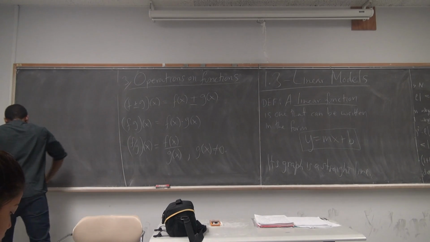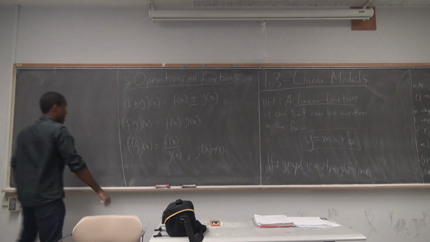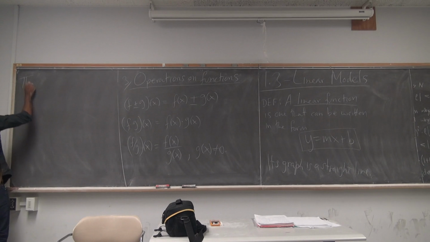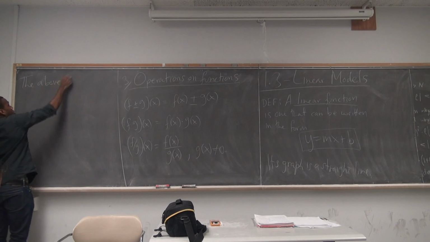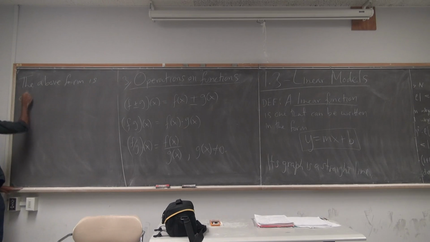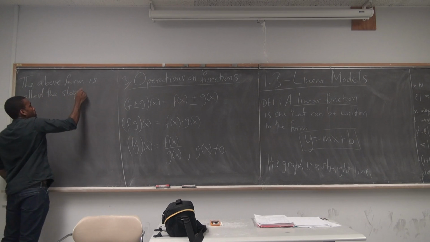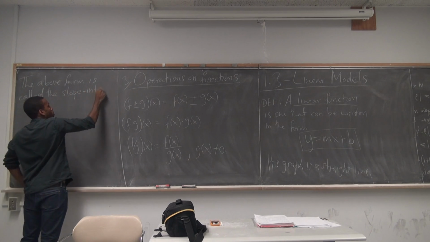That form is a very common form to write a linear equation in, and so it actually has a name. The above form is called the slope-intercept form.